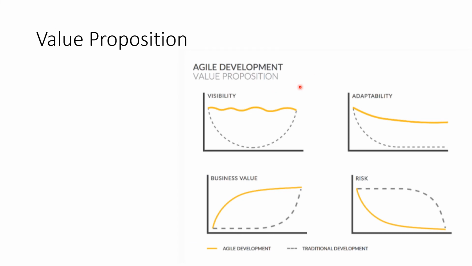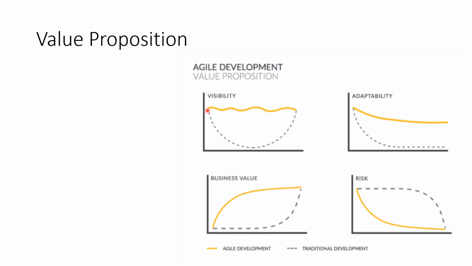Let's look at the final slide, which is the value proposition that agile development brings. The dotted lines are the waterfall approach. This orange or yellow line is the agile development. They talk about four value propositions. One is visibility. In the traditional waterfall approach, the visibility is very low.